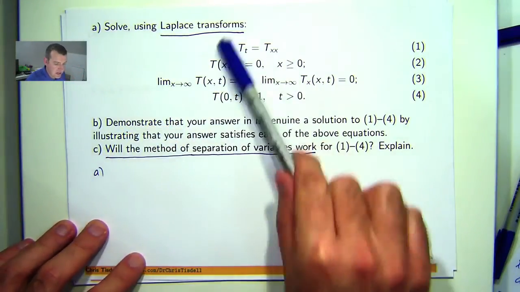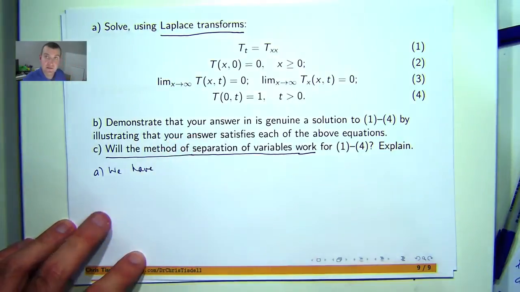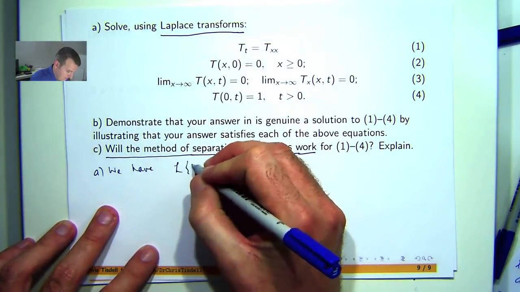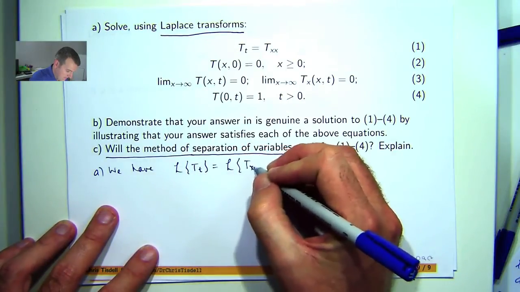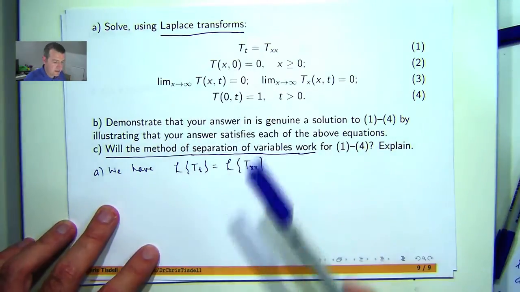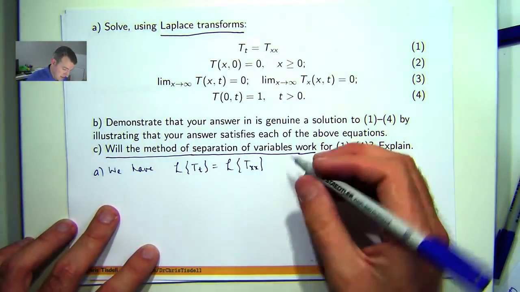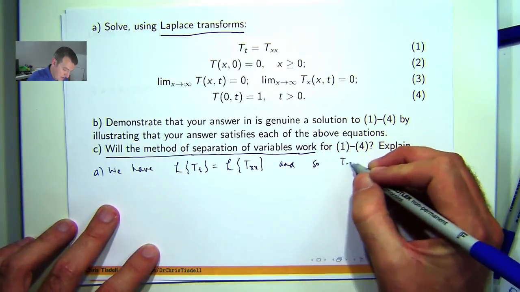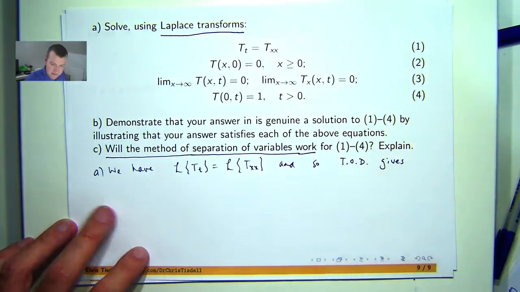Okay, so let's transform both sides of the given differential equation. And in all cases, we're transforming with respect to little t. So TOD, transform of derivatives, gives the following.